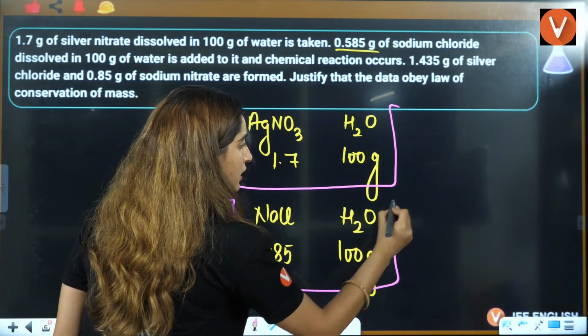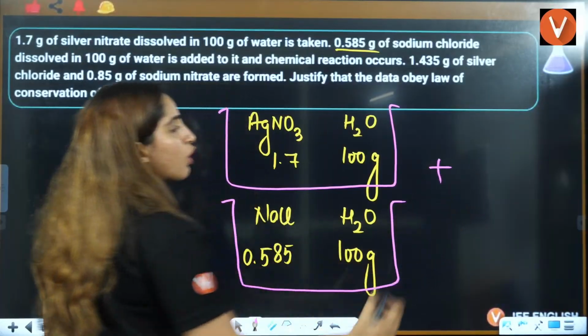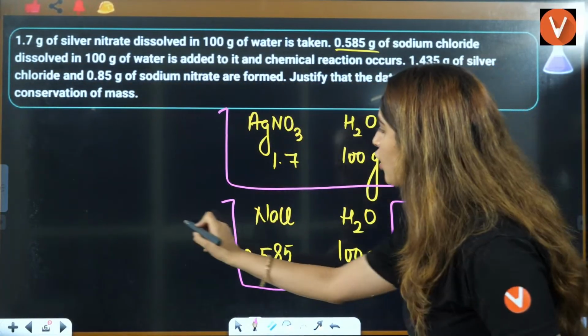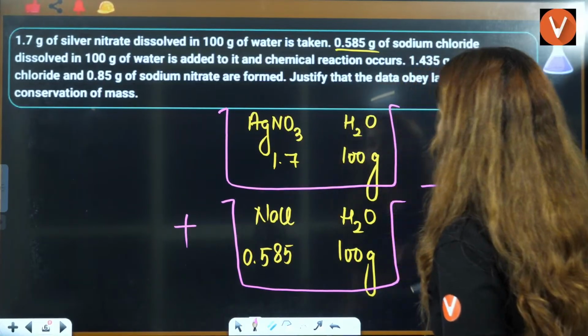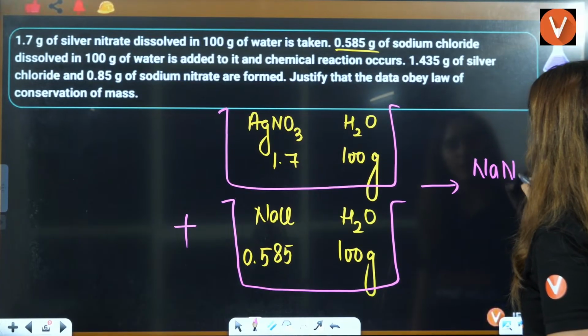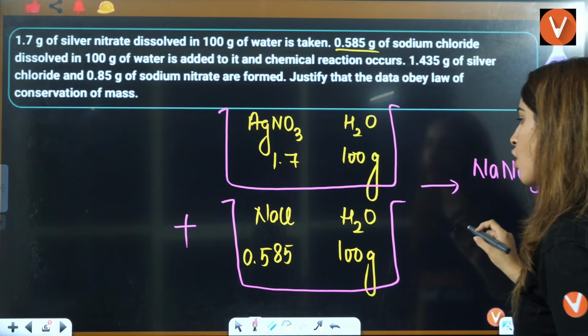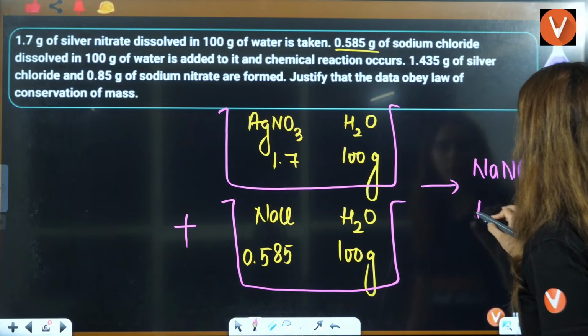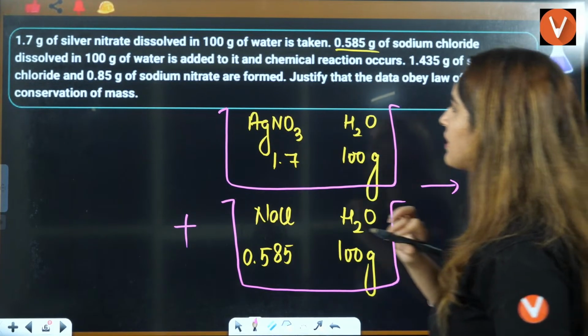Once you add both of these, you have the formation of sodium nitrate, that is NaNO3, and silver chloride, that is AgCl.